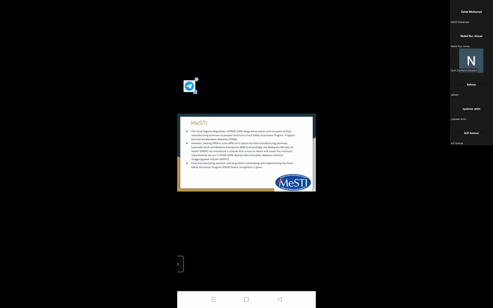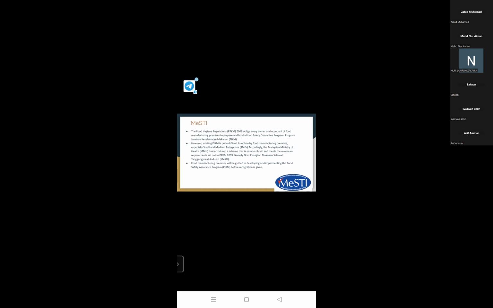Accordingly, the Malaysian Ministry of Health has introduced a scheme that is easy to obtain and meets the minimum requirements set out in the regulations 2009, namely the Safe Food Certification Scheme for Industrial Responsibility.